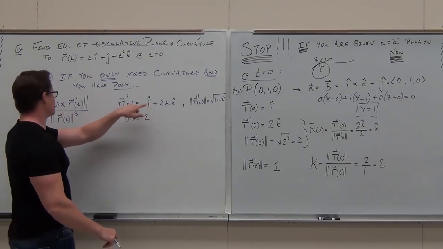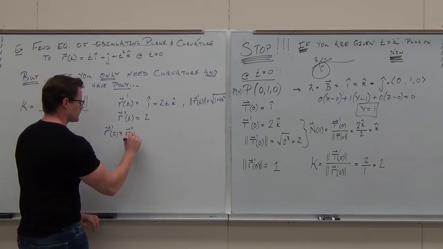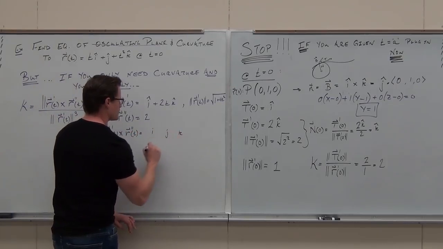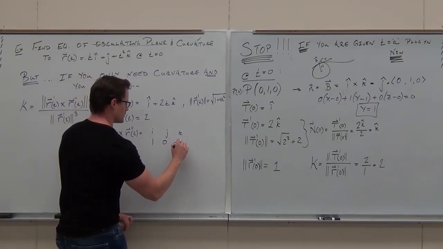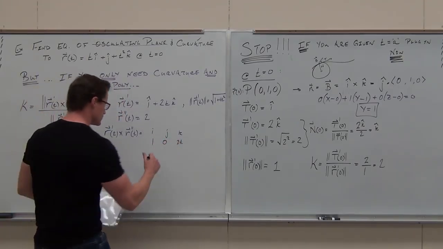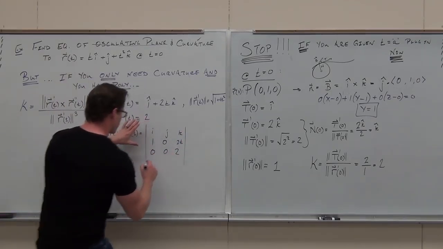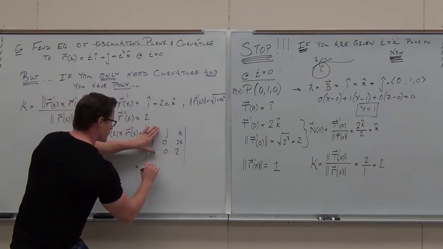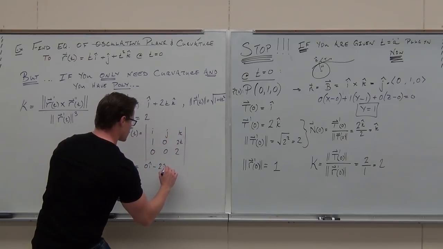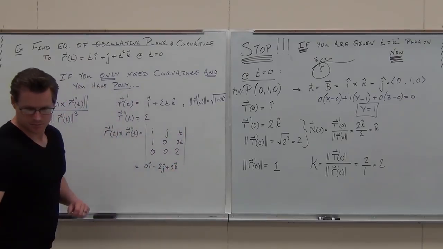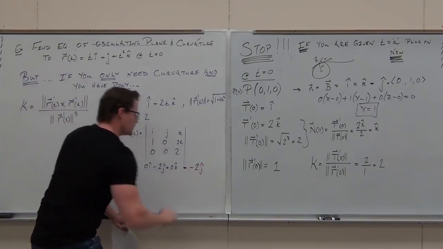If I cross product these two things, we get negative 2j.